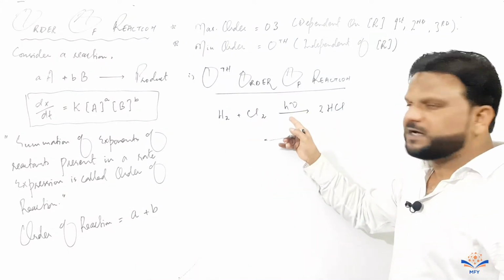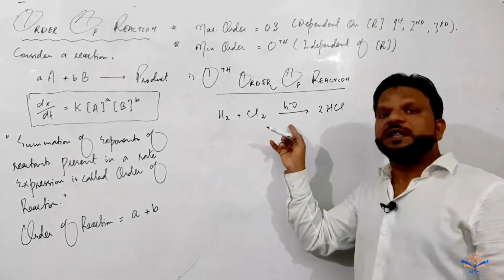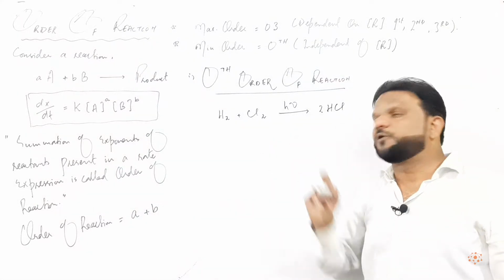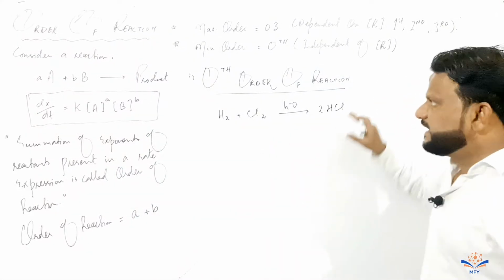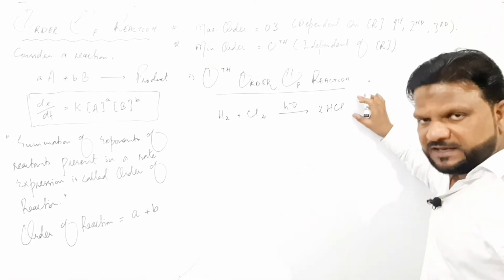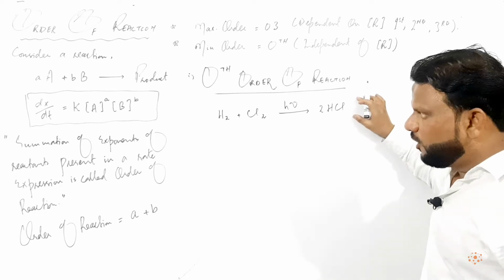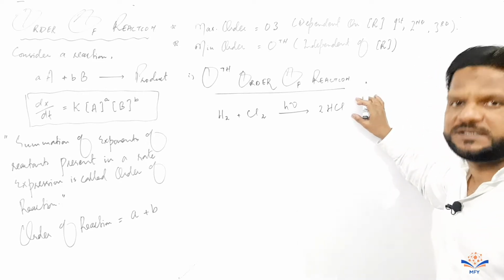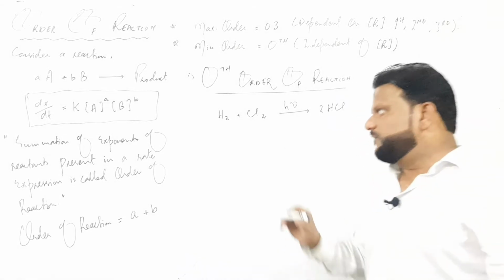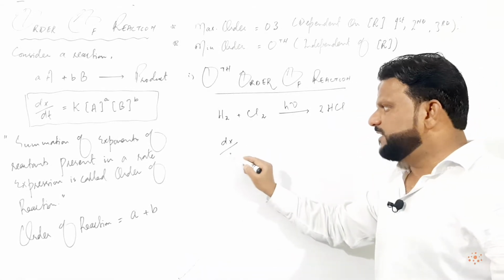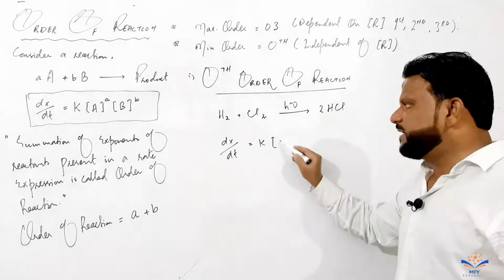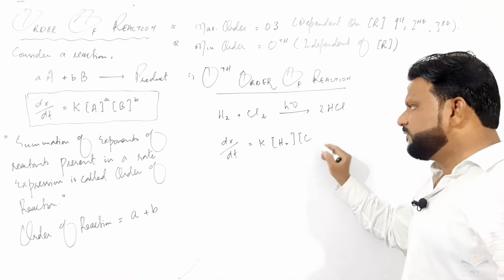It requires a specific condition, and those chemical reactions which occur or complete in the presence of sunlight are called photochemical reactions. It means that this chemical reaction is independent of active masses of reactants. It means that this reaction is zeroth order. Now we are going to write the rate expression for this equation. dx by dt equals K, active mass of hydrogen, active mass of chlorine.